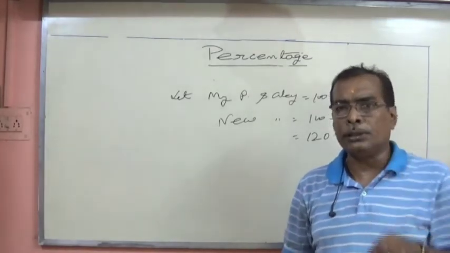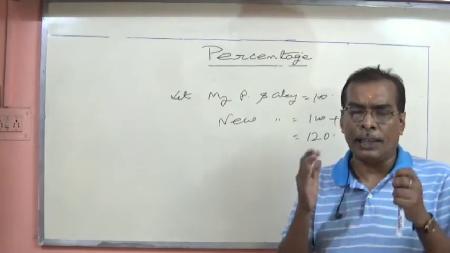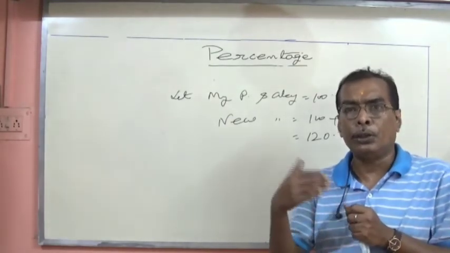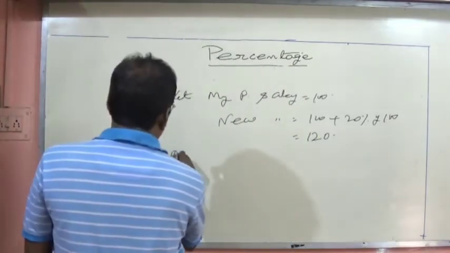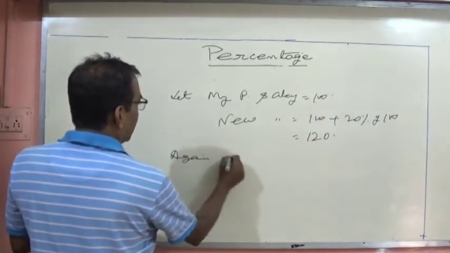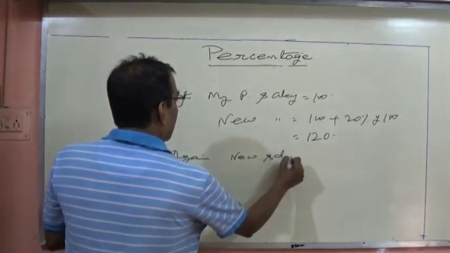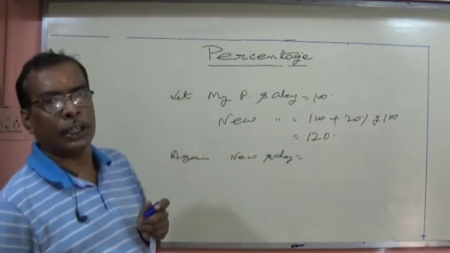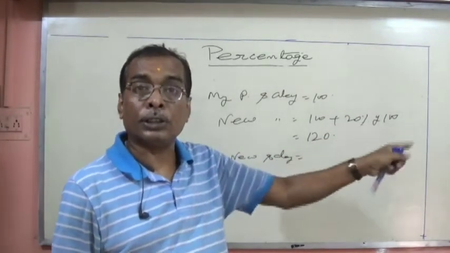Now in the very next month, again an offer has come: my salary is being decreased by 20%. So what will happen? Again, the new salary. Now he is going to decrease my salary by 20% of the present salary.